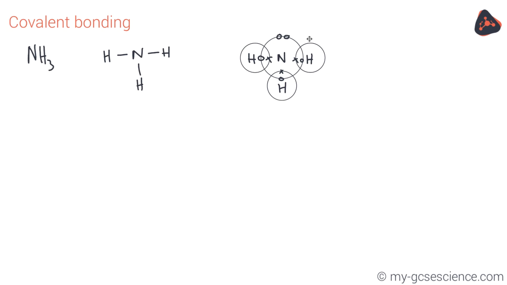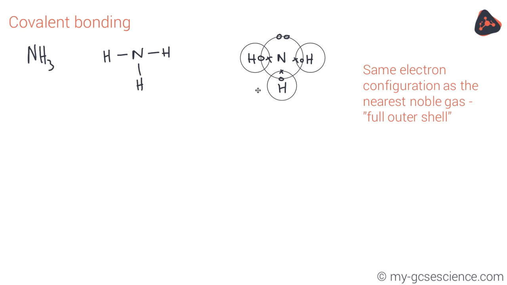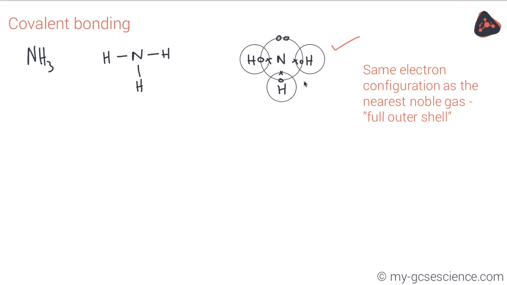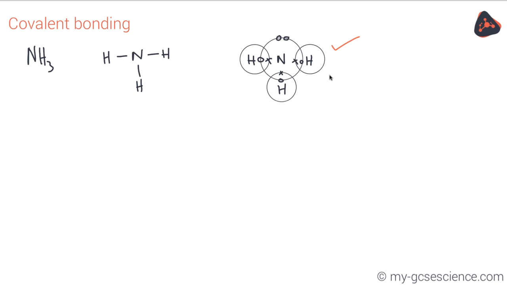You may remember in the ionic bonding video that we said that all atoms react so that they gain the same electron configuration as the nearest noble gas. So here we can see that nitrogen has 8 electrons in its outer shell now that it's shared 3 with hydrogen, and hydrogen now has 2 electrons in its outer shell, the same as the nearest noble gas, helium. The same dot and cross diagram can also be shown without showing the circles around it, only showing the electrons.